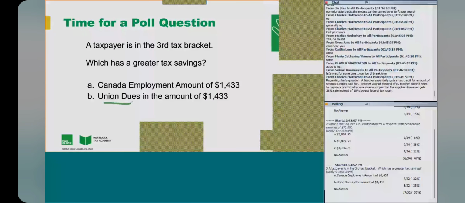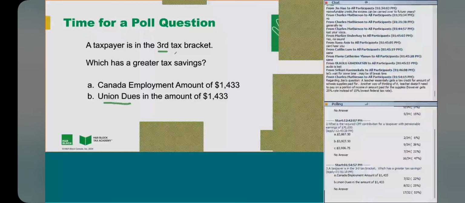And any dollar which is not included in your taxable income doesn't go through that tax bracket diagram we saw earlier. So in other words, it saves you tax at that top marginal rate, which, if someone is in the third tax bracket, is 26% tax on that $1,433. So this person would want to claim the union dues so that they're not paying 26% tax on $1,433.